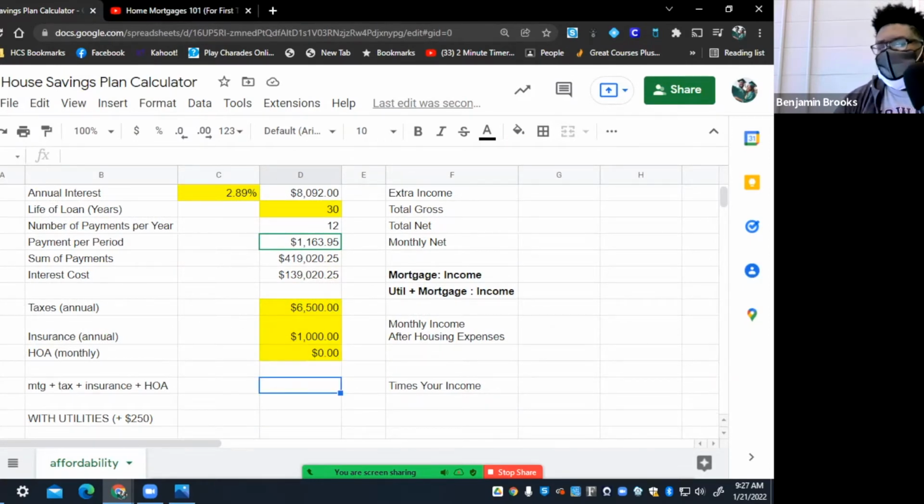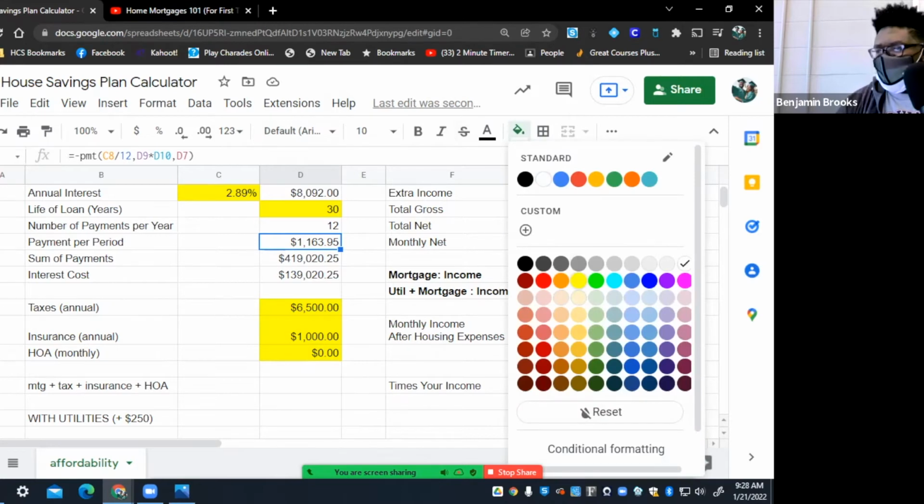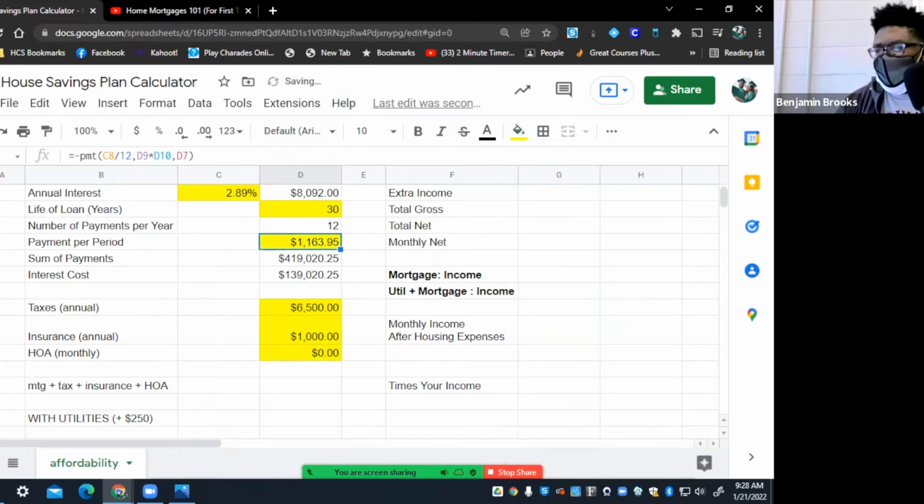All right, so the full housing cost. Let's suppose there's no HOA fee, monthly fee. So the full housing costs are going to be basically how much you're paying per period on the actual mortgage itself. And then we're going to take your annual taxes divided by 12, take your insurance divided by 12, plus your HOA.